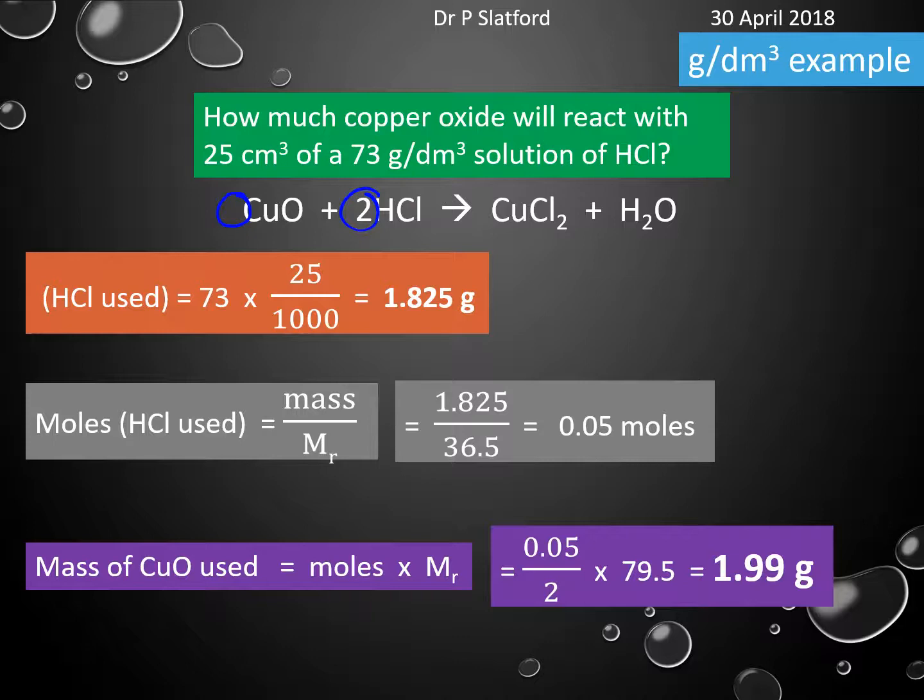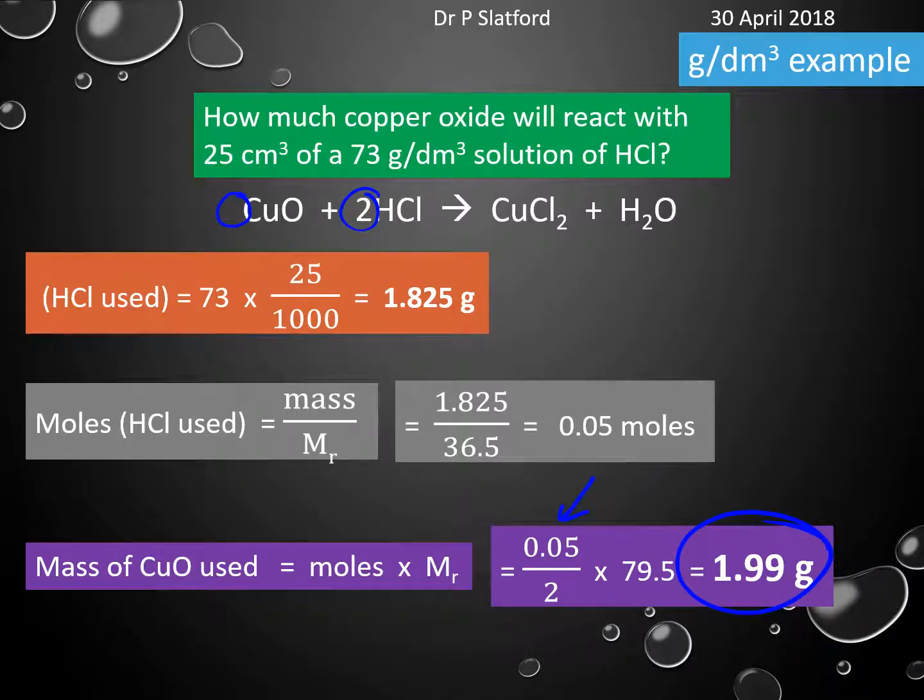So therefore, whatever number of moles of HCl I have, I have half the number of moles of copper oxide, which I've taken into account here. So it's then 0.05 divided by 2 times the Mr of copper oxide, which is 79.5, and it comes out as 1.99 grams. Okay, I hope you followed that.